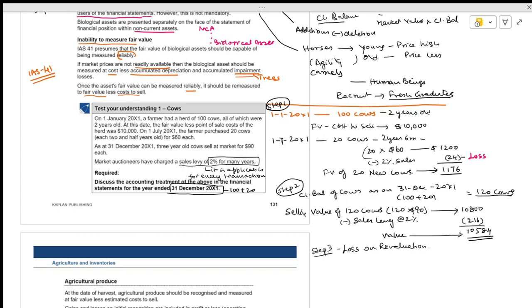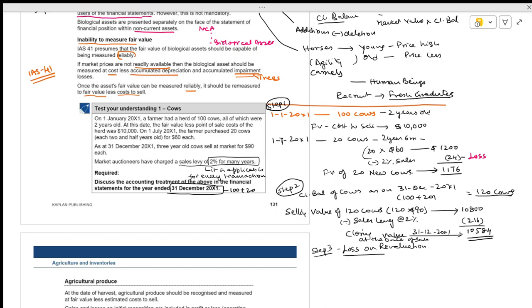We can put it as the closing value at the date of sale, 2001.